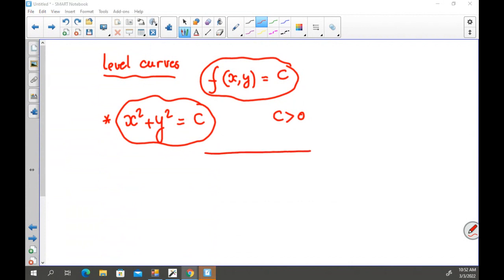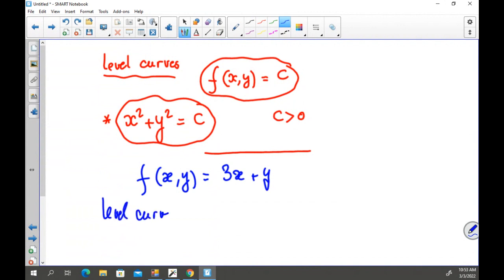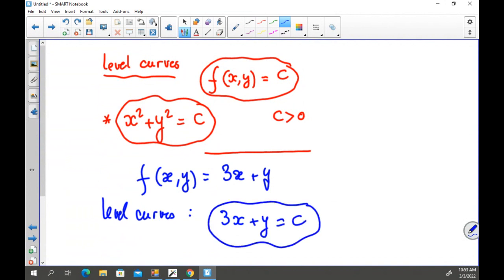I will come back to your question. Suppose your function was, let's say, 3x plus y, and you want to find the level curves for this function. So the level curves will be 3x plus y equal to a constant. What are these equations? Straight lines, yeah? 3x plus y equal 10, 20, minus 5.